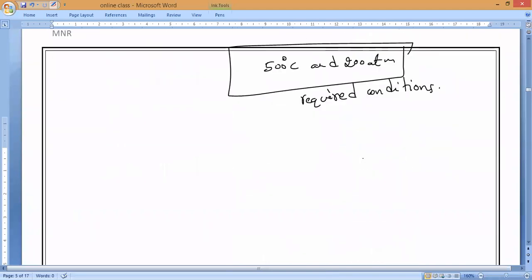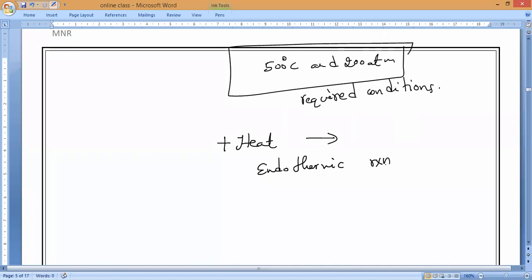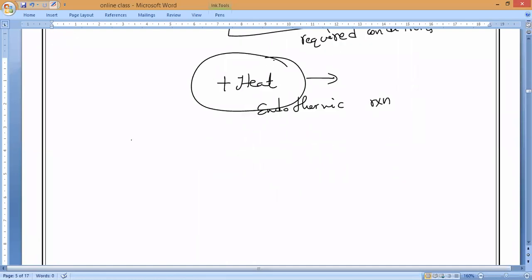Clear? Now, in some reactions we need heat. So heat is added; those reactions we call endothermic reactions. Now, sir, I don't want to mention the heat like this, is there any alternative method? Yes, we have an alternative method, which we are going to study.